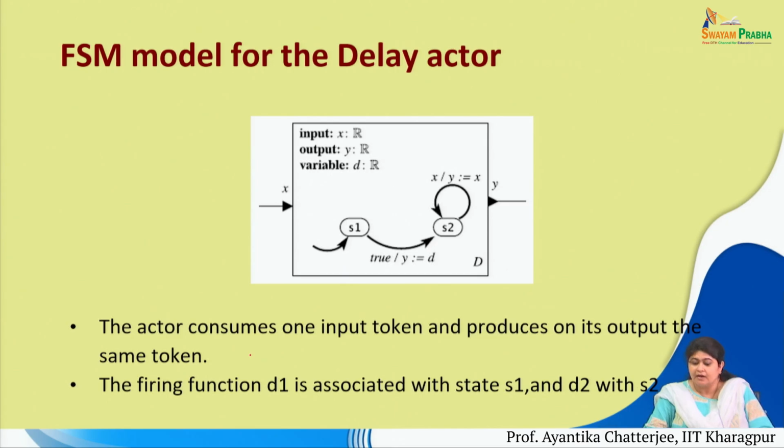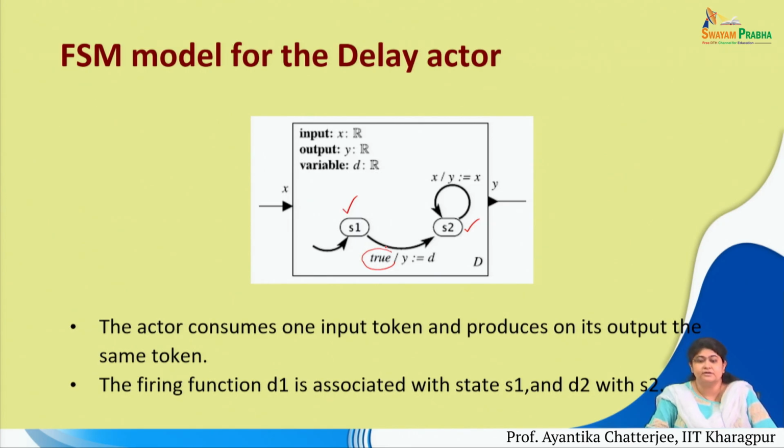Now, if we see this delay actor in the form of an FSM, whatever we have discussed before, this can be one representation of this delay actor. Here we have considered two states, S1 and S2, and a transition from S1 to S2 when a certain guard condition is satisfied.